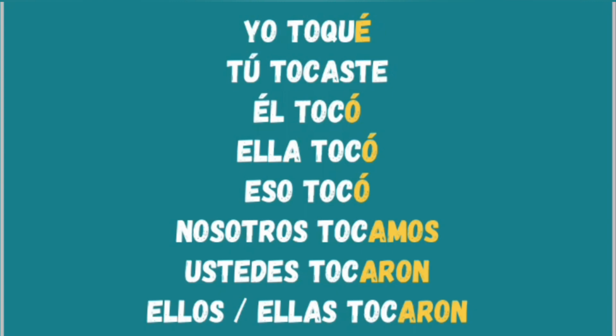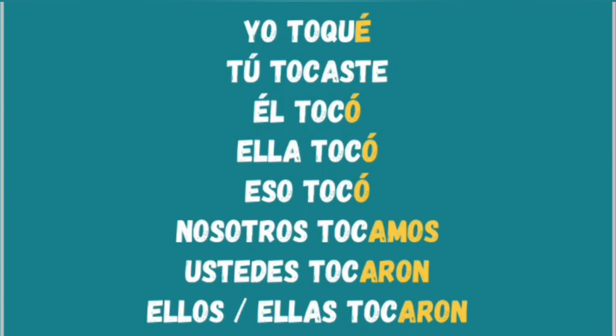Toc, this is the root word. And then aste, it's the word in yellow, okay? But I forgot to highlight it. So if you want to say you touched or you played, in Spanish you have to say tú tocaste.